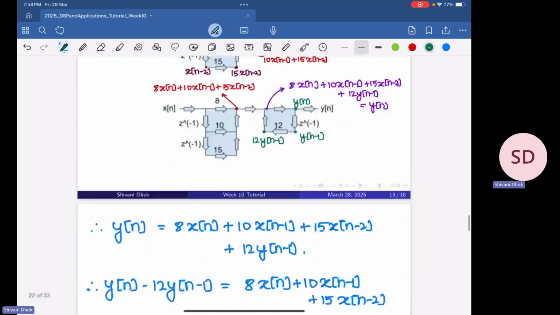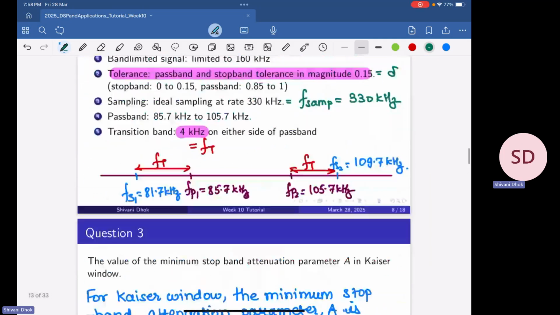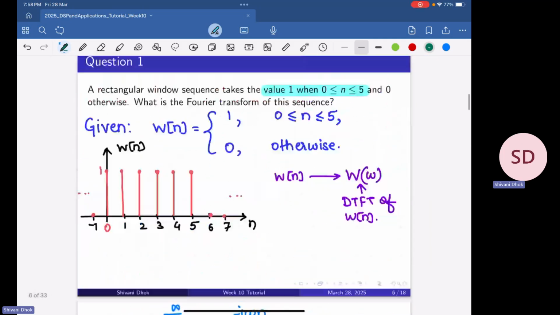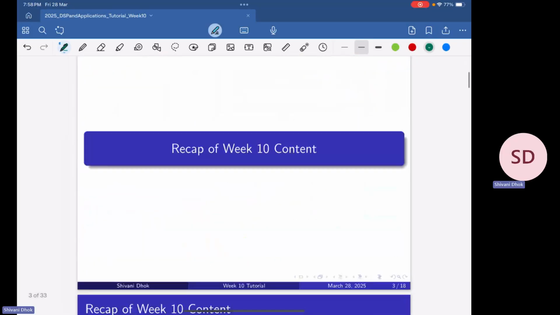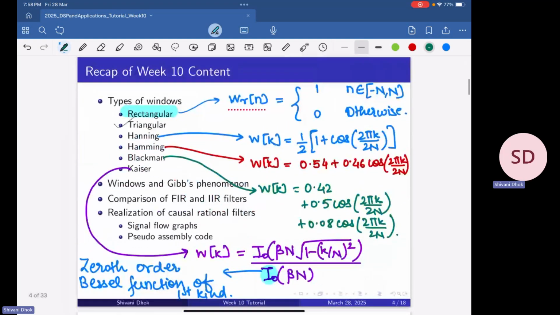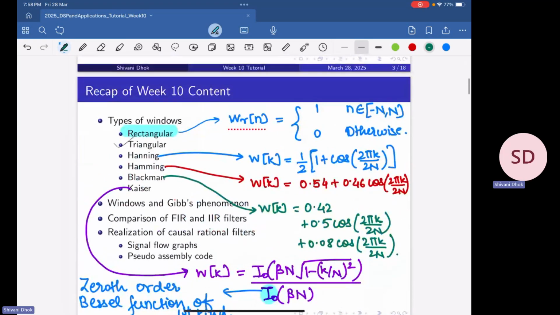To summarize this week's session, since we are left with few minutes: this week basically ended the filter designing part of this course, which is the most fundamental and most important part of this course. We looked at various windows, and we saw how to design different kinds of filters using different types of windows.